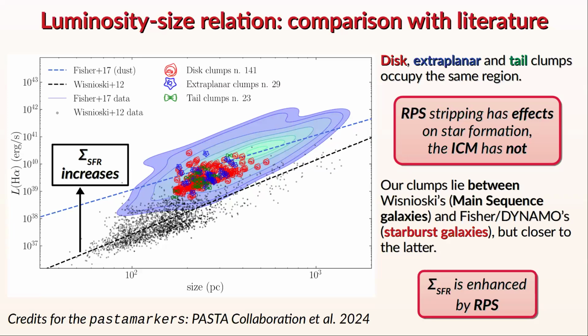So also our clumps most likely show this enhancement, even if not as large as in starburst galaxies. So the idea is that, similarly to mergers, ram pressure stripping is able to disturb the gas or even compress the gas, causing this enhancement in H-alpha and in star formation.